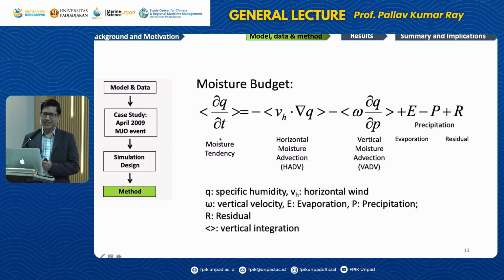This is the moisture tendency, so how humidity changes as a function of time. This is V, the velocity component. Delta q is the gradient in humidity, so this is your horizontal moisture advection. This is your vertical moisture advection: this is vertical velocity, and this is how the humidity changes as a function of height, or in this case, as a function of pressure levels.